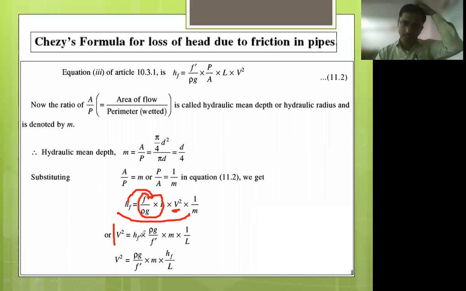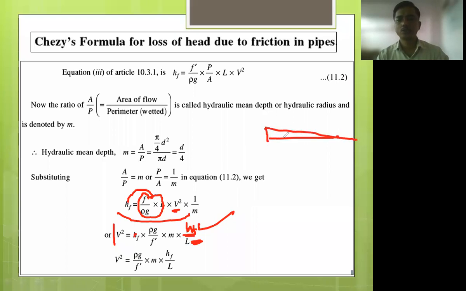And if I take this hf upon l, this is the head loss due to friction per unit length, which shows the slope.